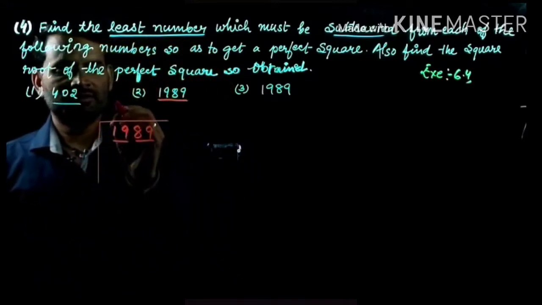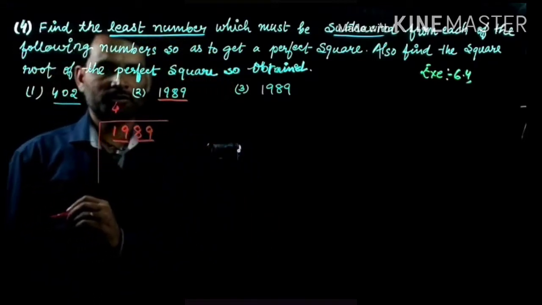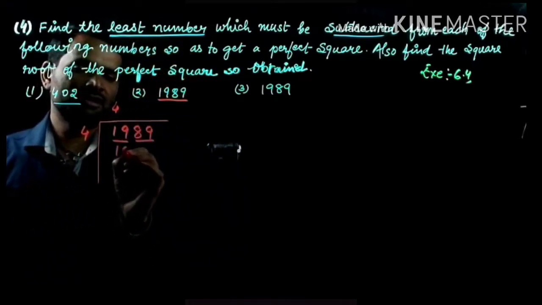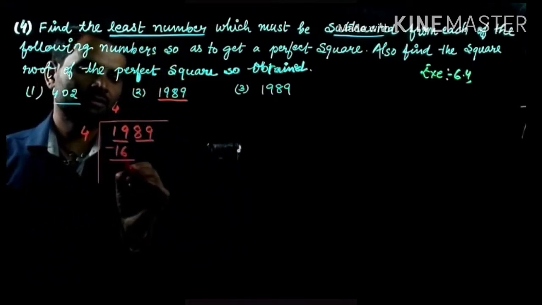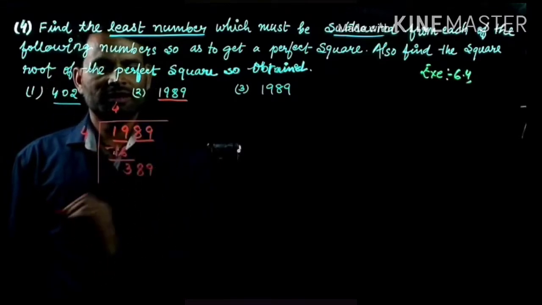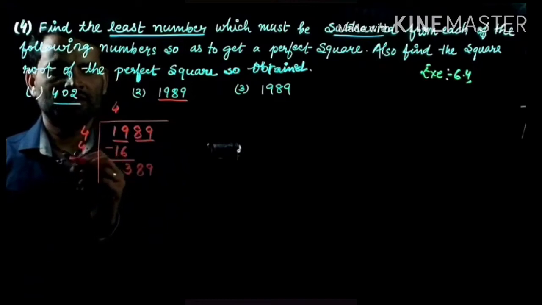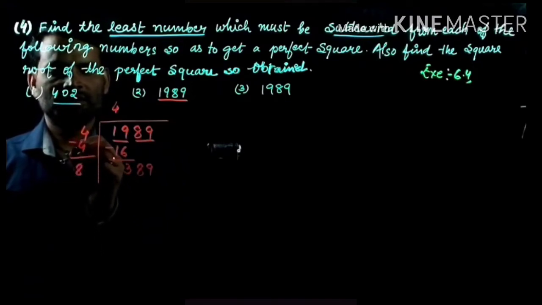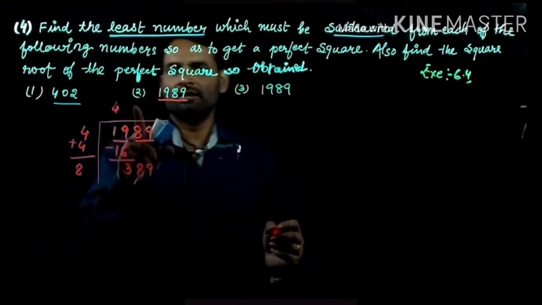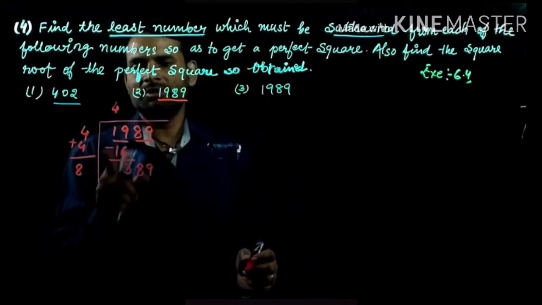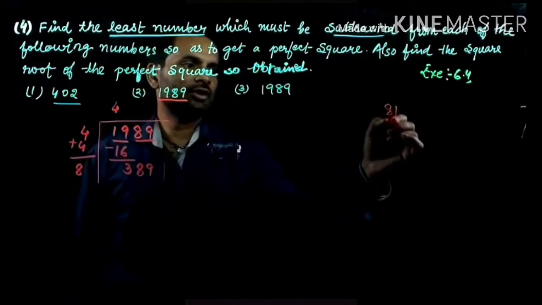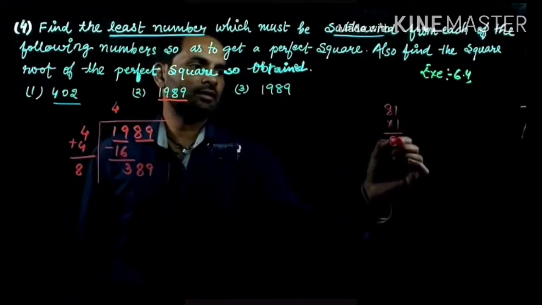So the first time it is 4. Okay, 4 is 16, and minus, only 3. Then 89. Then the 4 is here, add it, 8. Then you check 80, the number will be written here, and the same number will be written at the 8.